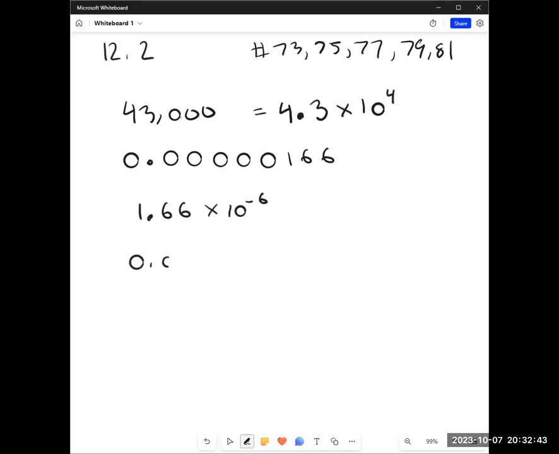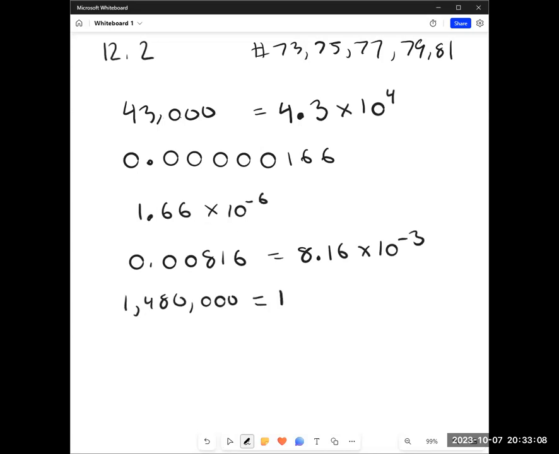Now I have 0.00816. It's going to be equal to 8.16 times 10 to the negative third. And I have 1,480,000 here.